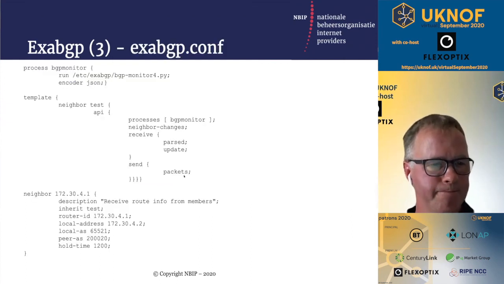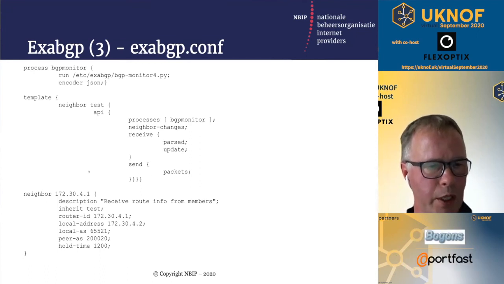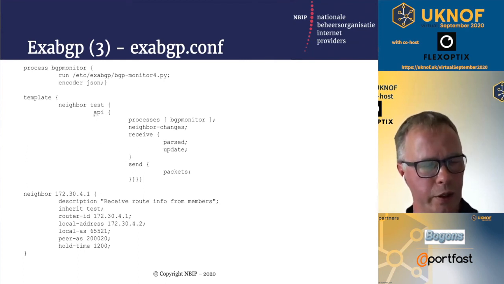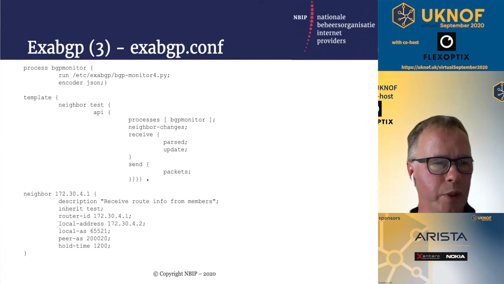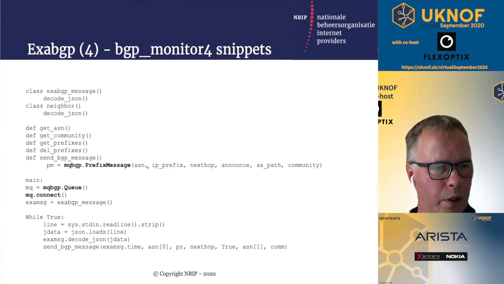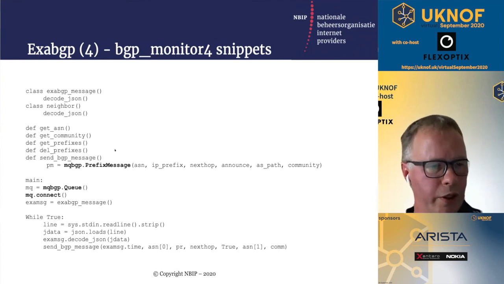And this is the configuration where the neighbor is the Juniper, and the neighbor inherits test. That's the template to be used, and in the test template there is the BGP monitor to start, and the BGP monitor gets JSON data, and it looks like this.